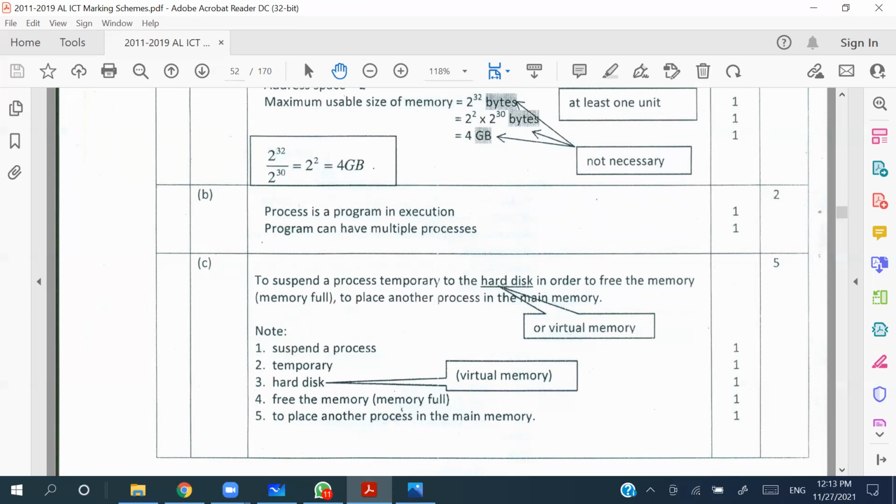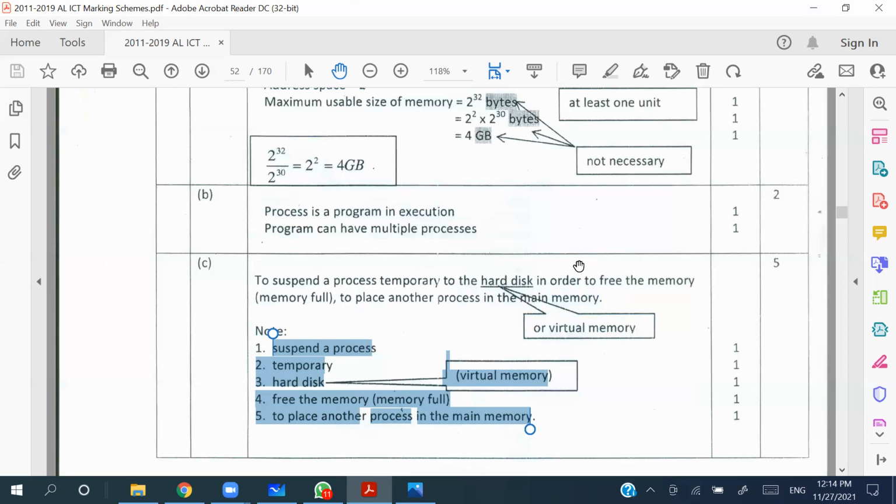They have given one particular sentence over here, and you should contain these facts. Your explanation can differ, but these facts should be there: to suspend a process temporarily to the hard disk in order to free the memory to place another process in the main memory. If you got all the facts, you can have 5 marks.